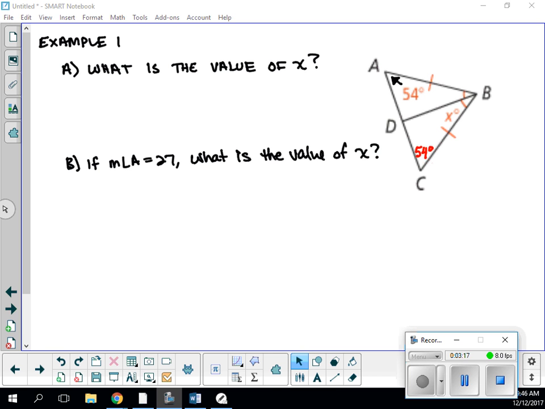This has to be 54, right? And I have a line coming down through this isosceles triangle where B is cut in half, which means that the two angles at D have to be 90 degrees.